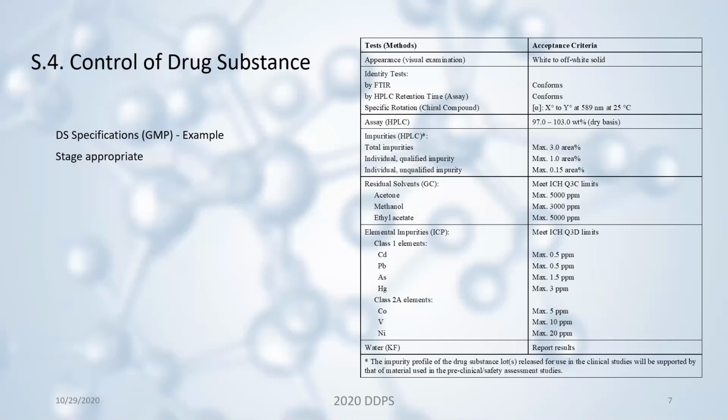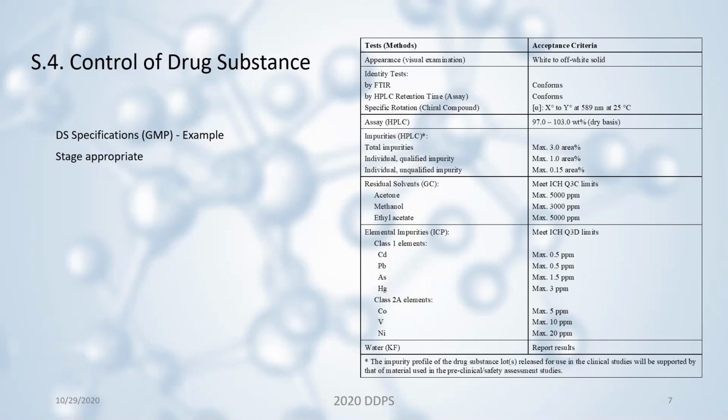Your specification also needs to be consistent with ICH guidelines. Here on the right-hand side, I'm showing a generic specification for a small molecule drug substance for oral use, where you see the test methods and acceptance criteria.